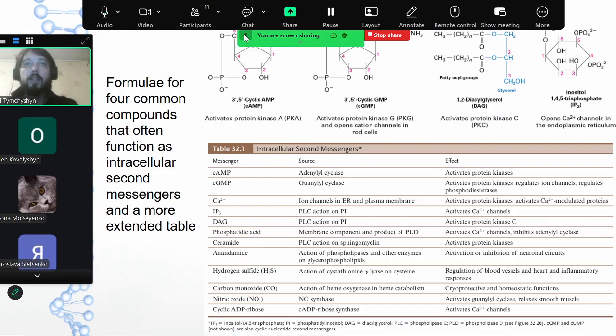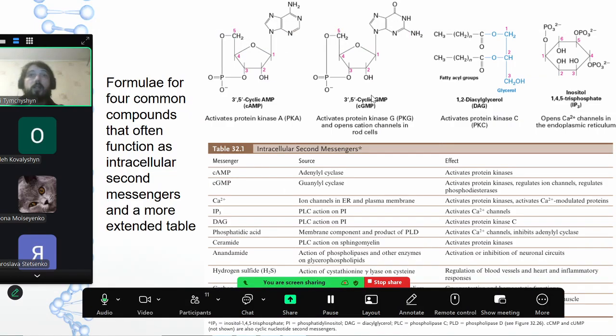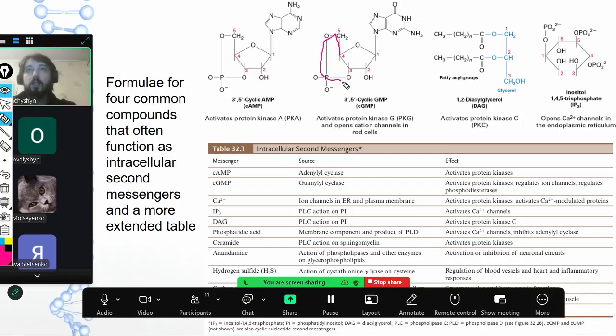Good. Here are examples of so-called second messengers. These are the formulae for 4 common compounds that often function as intracellular second messengers, and a little bit more extended table. Here you see cyclic AMP. Cyclic refers to this cycle. Here you see cyclic GMP. Once again, here is the cycle.